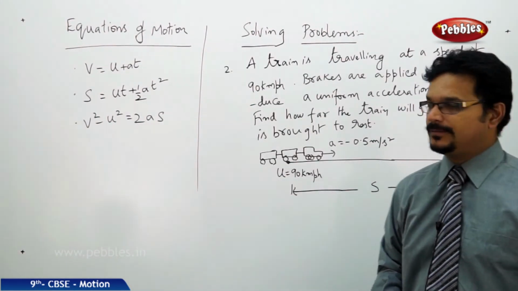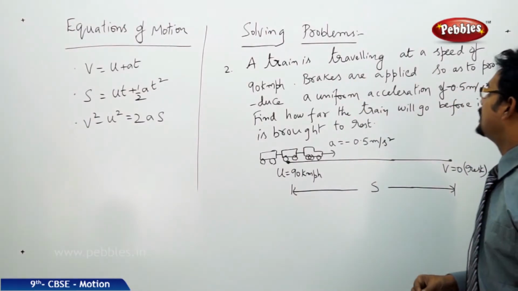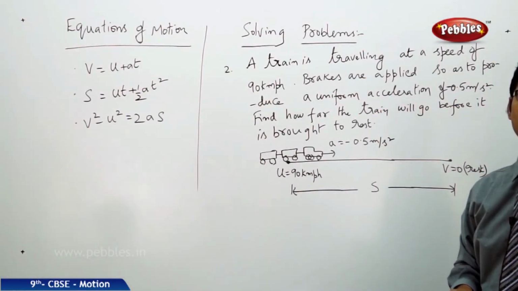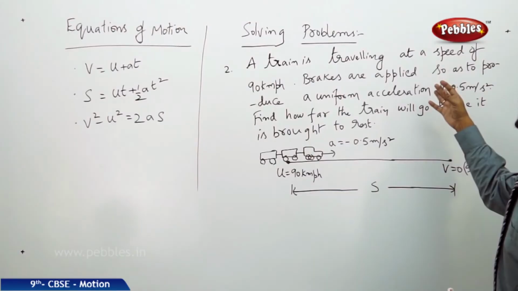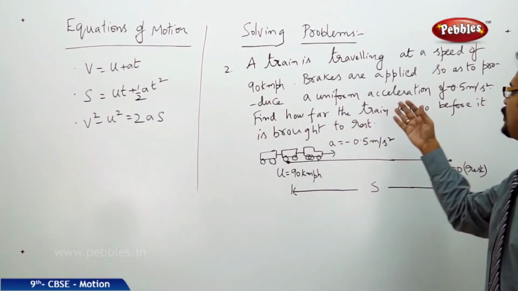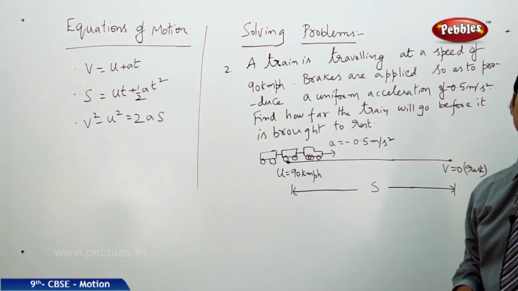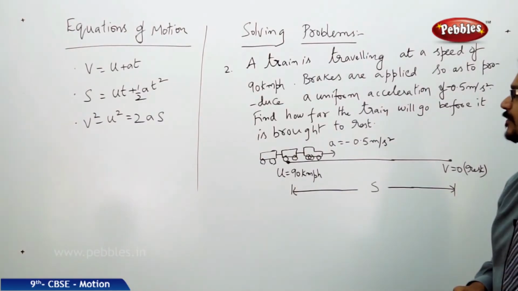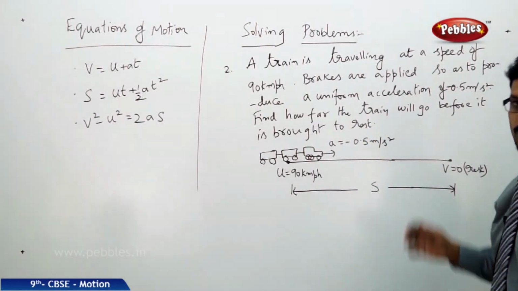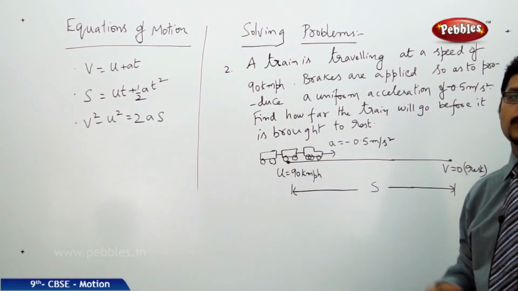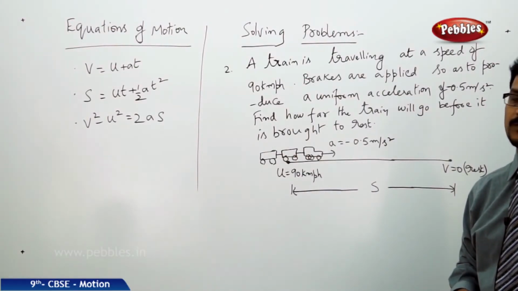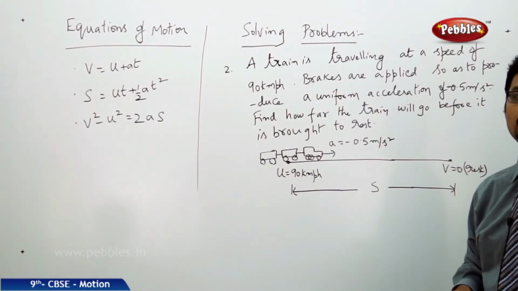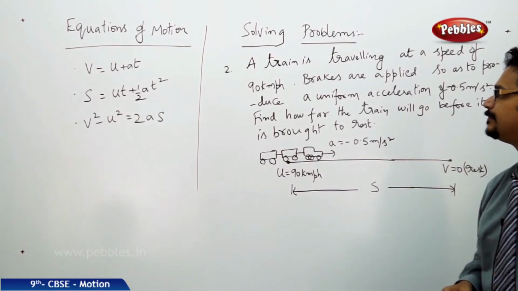Now the second numerical. A train is traveling at a speed of 90 km/h. Brakes are applied so as to produce a uniform acceleration of minus 0.5 meters per second square. Find how far the train will go before it is brought to rest. Now this is a little different from the previous problem we have solved.